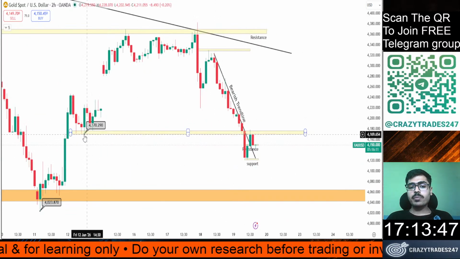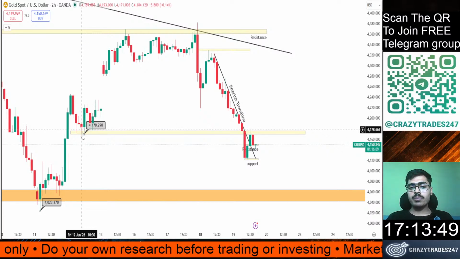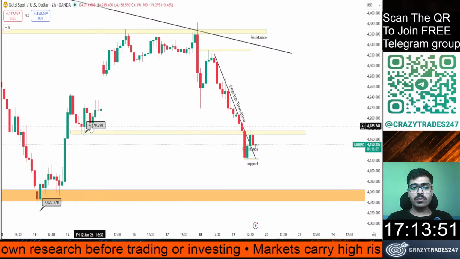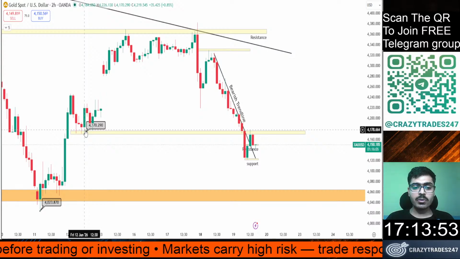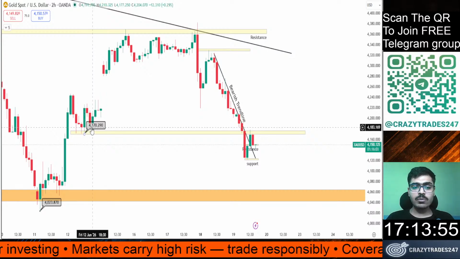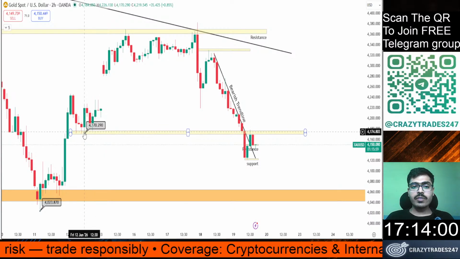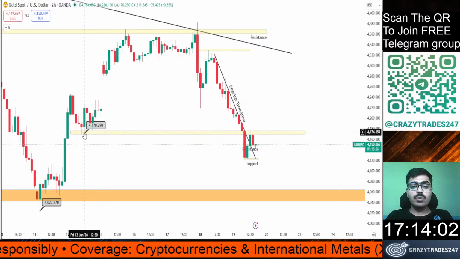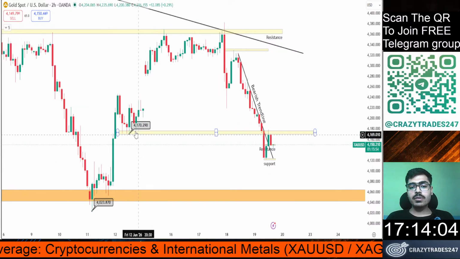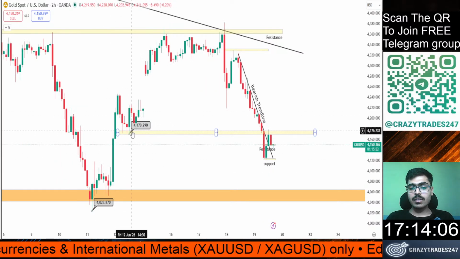But we were expecting that price might take support from this previous zone that was formed on 12th June. This level was 4170. Why did we think of this level as a probable support level? Because price had taken support from this level earlier.